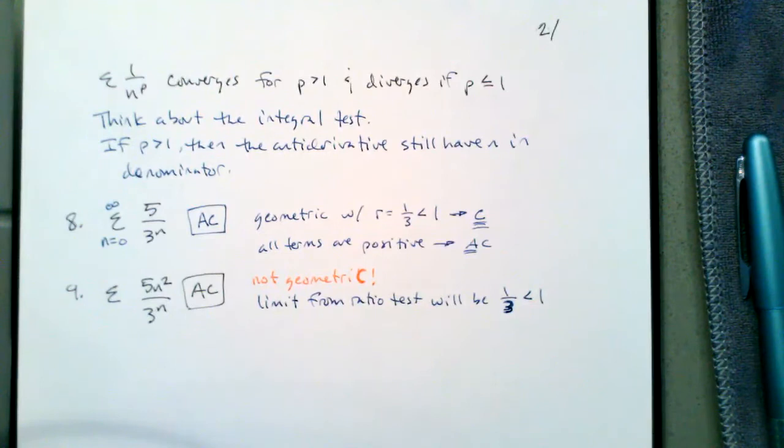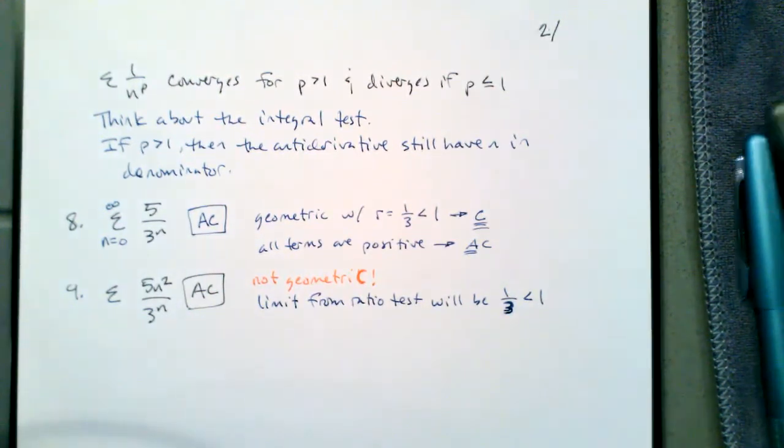So it's not a geometric series, but the geometric part of the series is giving us absolute convergence. And the ratio test gives us absolute convergence anyway.